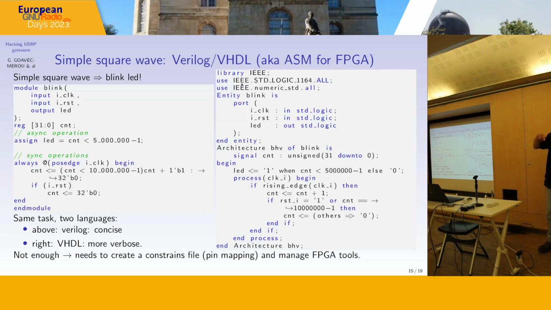If it's true, the value is single quote 1, else the LED is equal to single quote 0. So the advantage of this is that it's more strict, even if it's more complex and there are more keywords to use. Okay, this is the assembler.